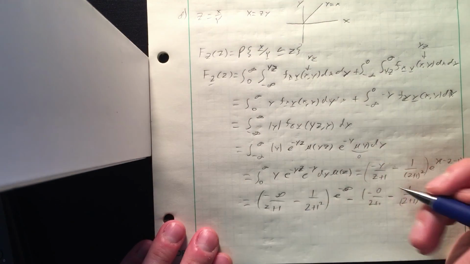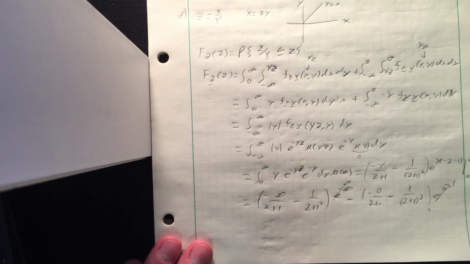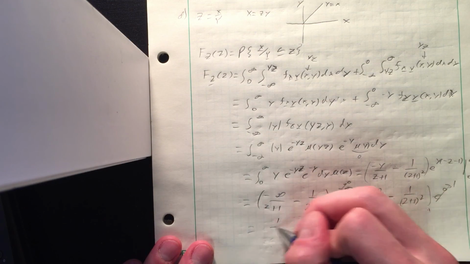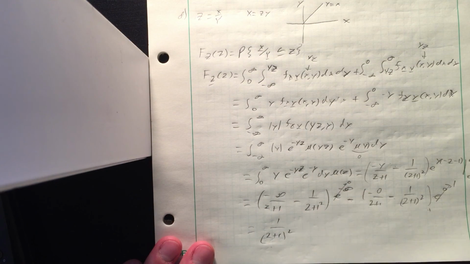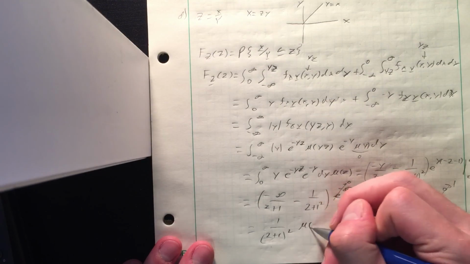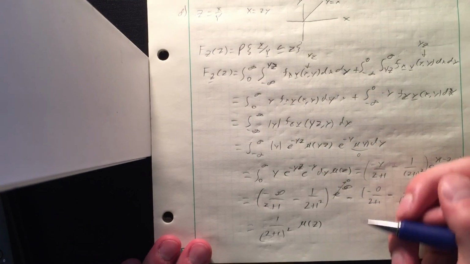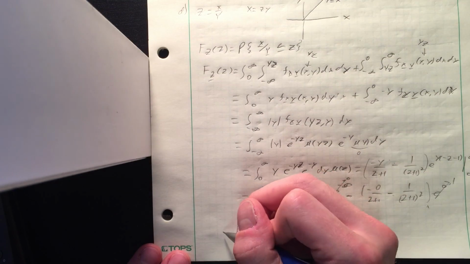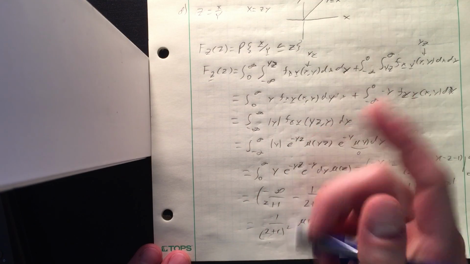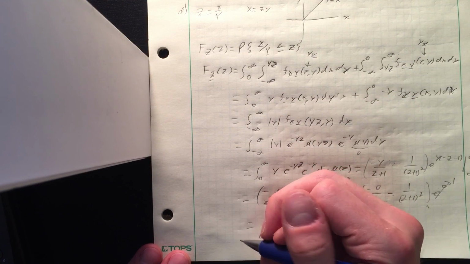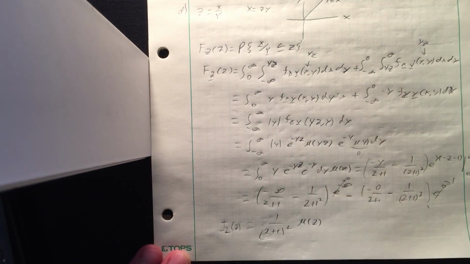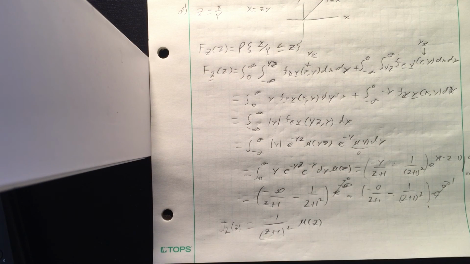So that leaves you with a positive 1 over z plus 1 squared that triggers at z. And that is the PDF of z. And that's the end of problem number 2. Thanks for watching.